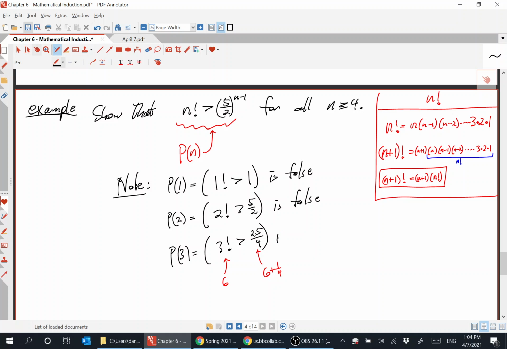It's still false. It doesn't become true until n equal to 4. And then it's true after that. By the way, 25 over 4 is equal to 6 plus 1/4, right?